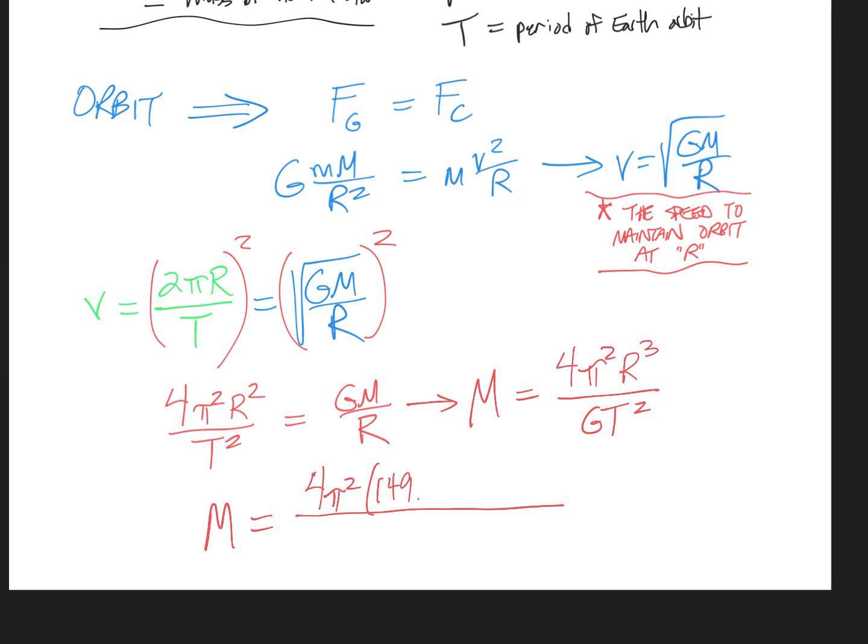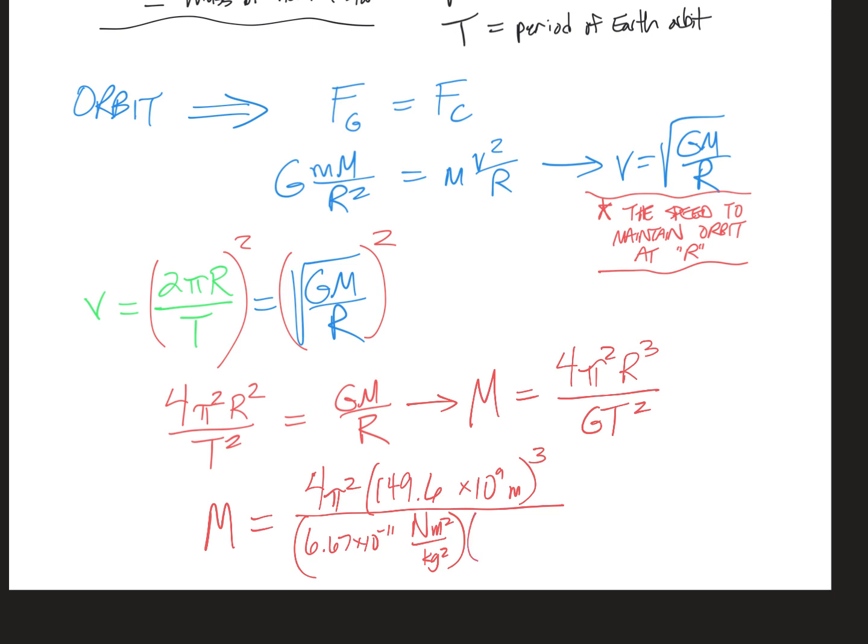But we don't deal with miles. In physics, we deal with meters. So we're going to be cubing that length. G is 6.67 times 10 to the minus 11th, and I'm going to go ahead and use the units here. These are Newton meters squared per kilogram squared. That all shakes out nicely for us. We don't really need it.